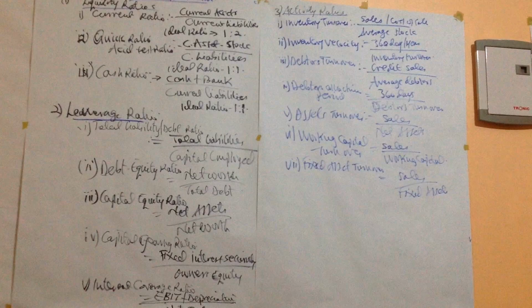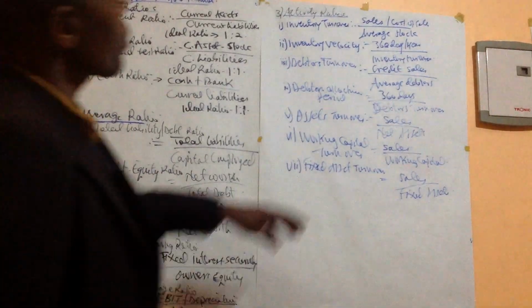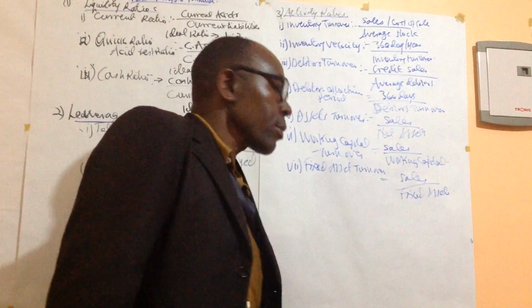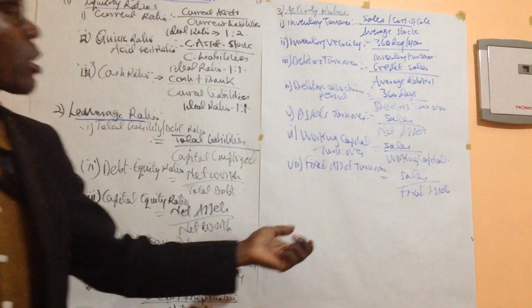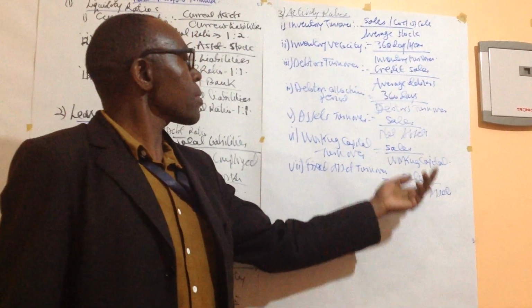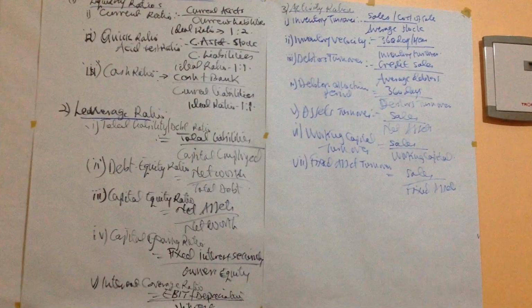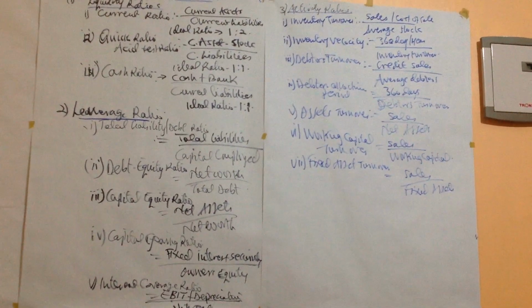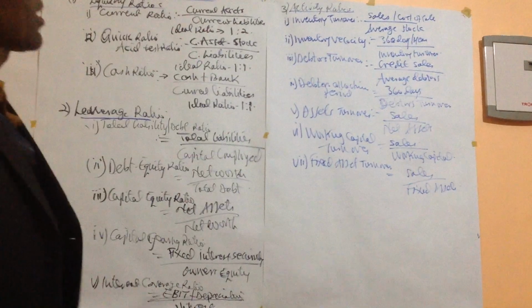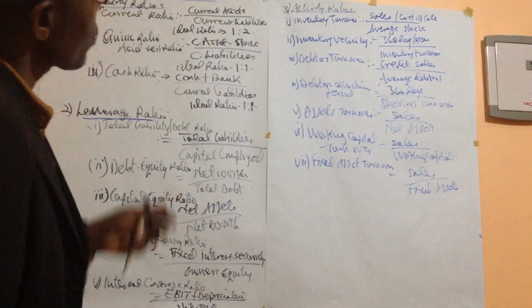Earlier we talked of the net assets, but here we're talking of the fixed assets. Meaning we want to see how these fixed assets are helping to generate sales. That's what we call the activity ratios; there are 7 of them.